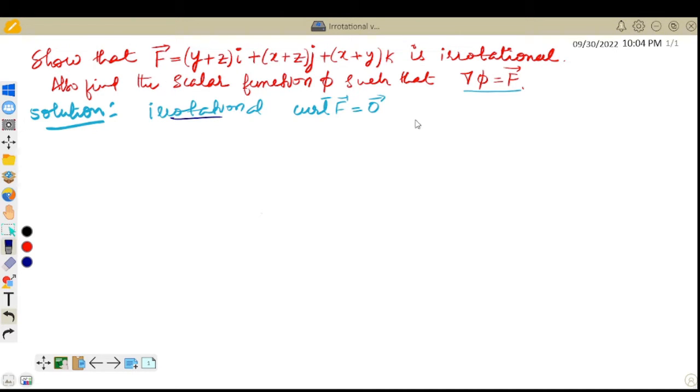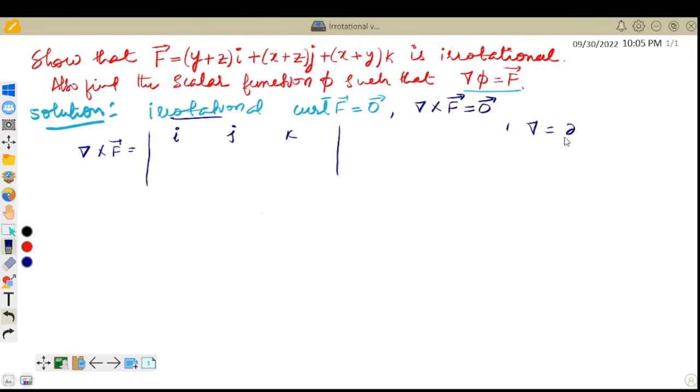So curl f means del cross vector f should be equal to 0 vector. Let us prove this first. What is del cross vector f? It is a third order determinant. The first row contains i, j, k. The second row contains the components of del.